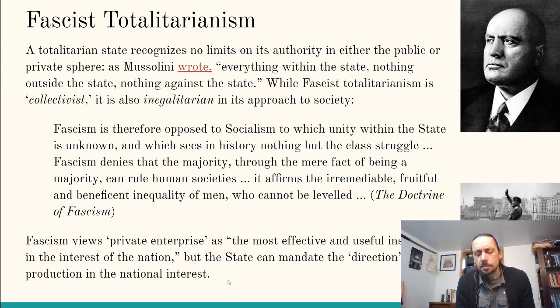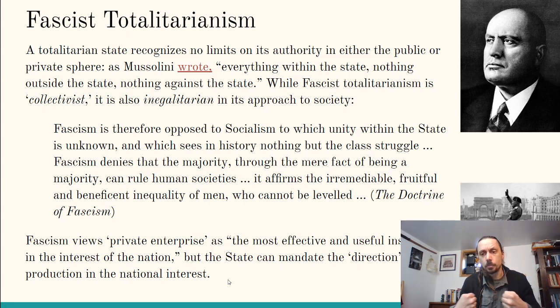So whereas the rhetoric of Marxist socialism was that citizens should be equal economically and politically, fascism says people are unequal and the state has this mandate to rule and overrule the majority.